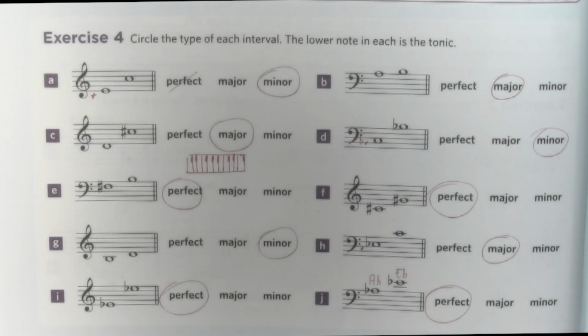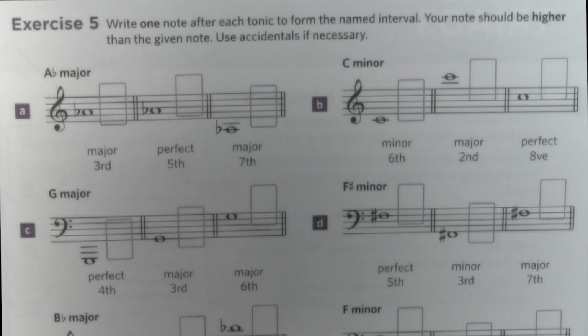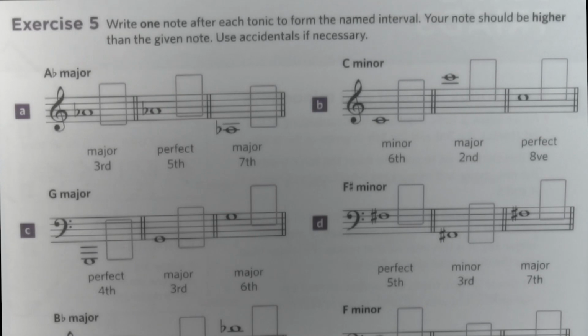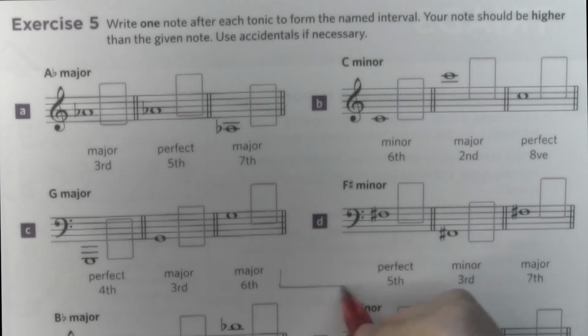Incredibly, the last one of this very quick chapter. In exercise 5, we need to write the notes to form the intervals, and basically it's the same as we've done before, but we have more options this time. And I need a keyboard, which I will write here because I have a bit more space.